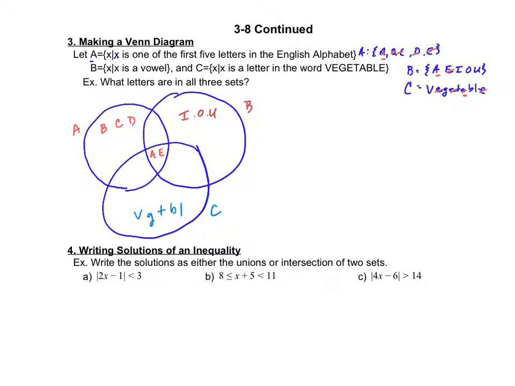That's how we would identify a Venn diagram showing the intersection and then the union of all our values. So our intersection falls right here. That is in all three sets. So there you go. That's how you would make a Venn diagram.